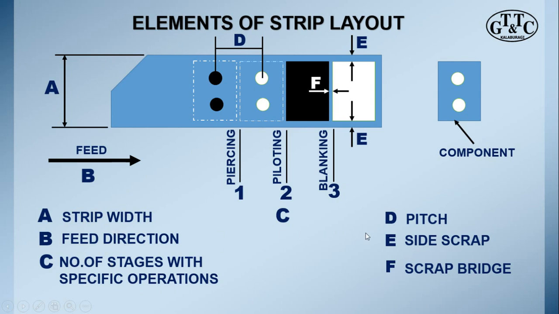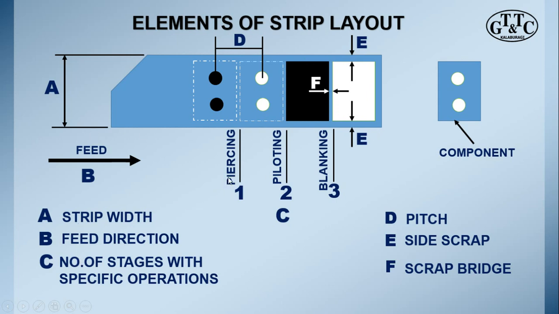So these are the very mandatory important elements. In A, we see this is the strip width, and it has to be defined with the right dimensions. And then in B we see an arrow mark and written feed, and this is the feed direction. This shows that the strip is being fed in this particular design from left to right.